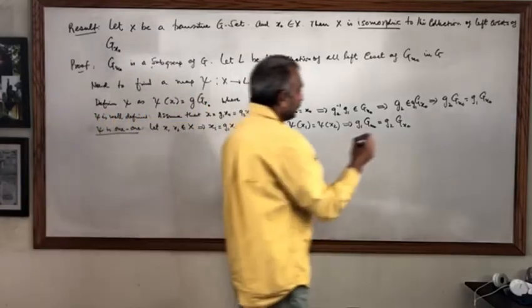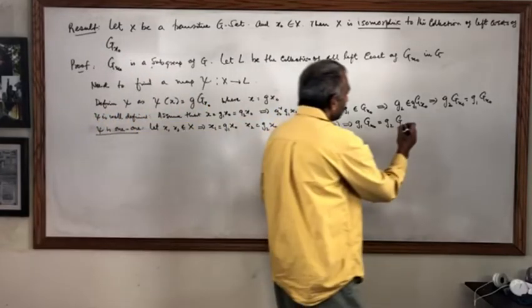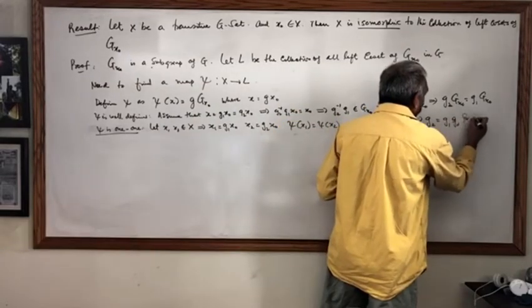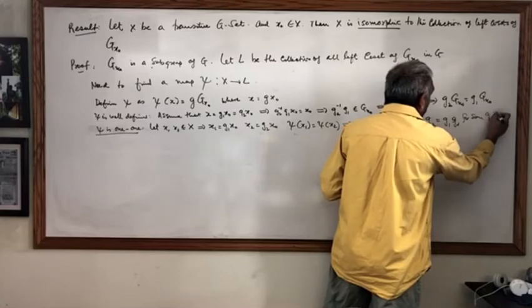So this implies g2 is equal to g1g0 for some g0 belonging to Gx0.